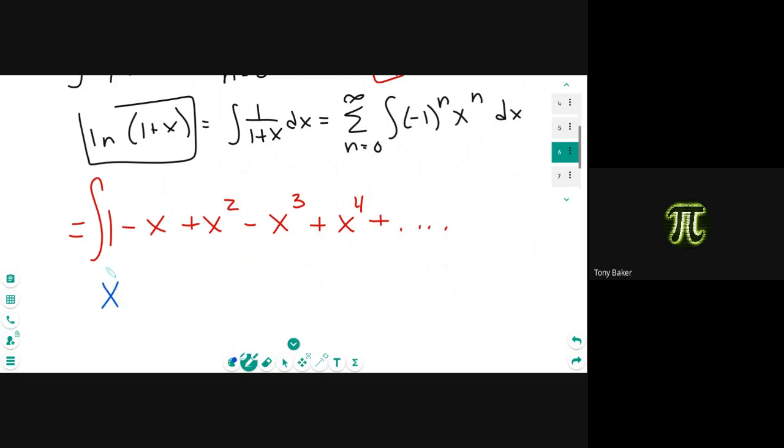Okay, so the integral of 1 is x, right? What's the integral of x? X squared over 2. What's the integral of x squared? What's the integral of x to the 3rd? We're going to make you answer all of them. And then this one is x to the 5th over 5. And it keeps going, right? Good.